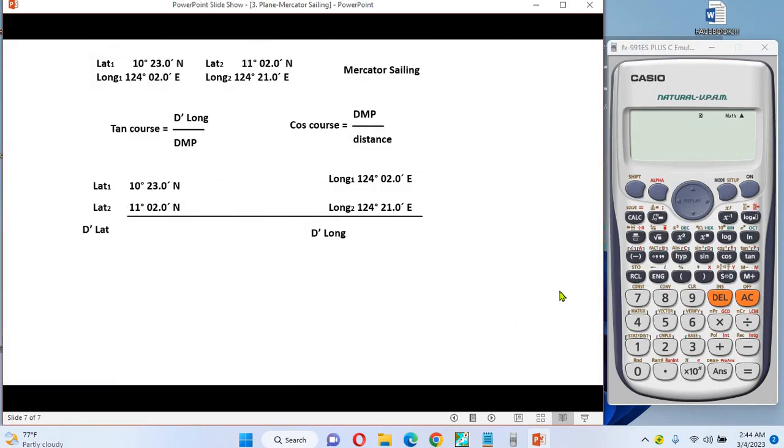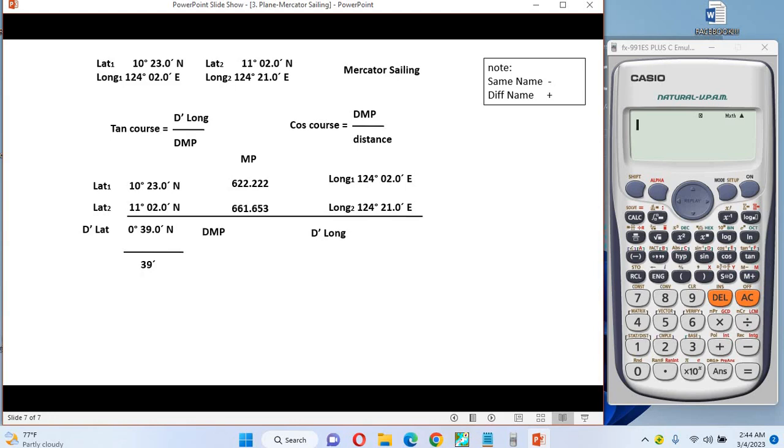Next slide. Okay, punch in the given numbers, the known numbers. So enter the meridional parts. The meridional parts for 10 23 is 622.222, remember, and for 11 02 it is 661.653. Okay, but first, please remember: same name minus, different name plus. For latitude, we have solved this before from plane sailing, so bring down 39.